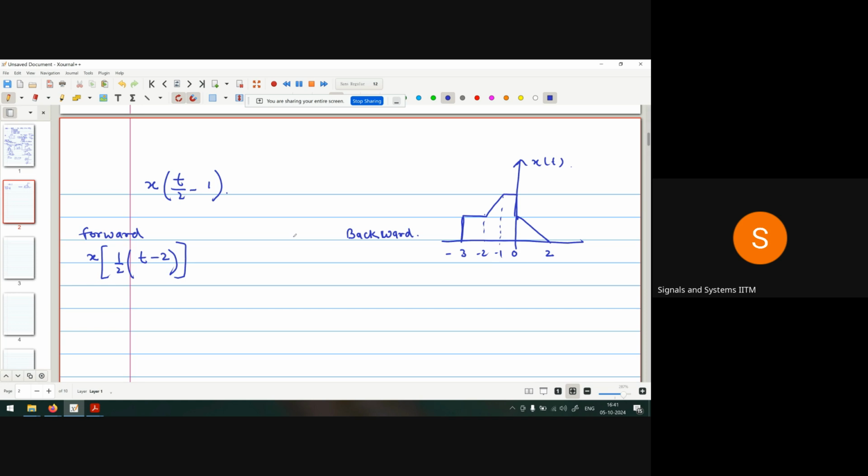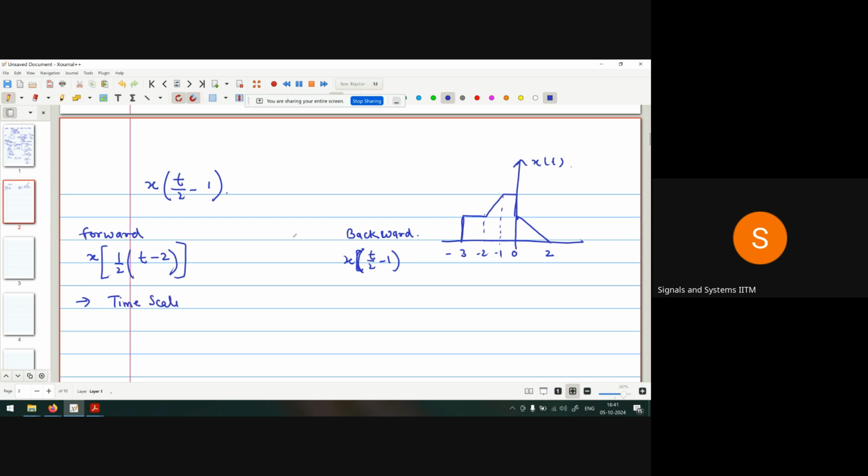And if I go with the backward approach, it becomes t by 2 minus 1.